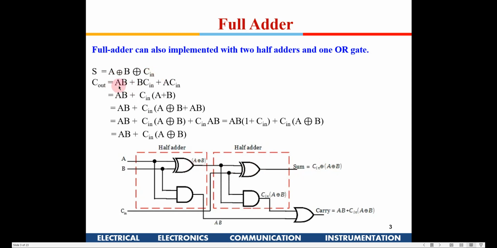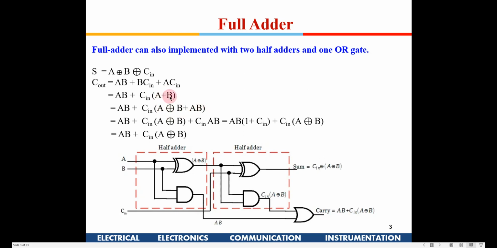And now for the carry out, if any 2 bits are 1, then the carry out will be high, right? So I take AB common, so I can write C in into A plus B. Now this A plus B, that is A or B, can be written as A XOR B plus AB, right?